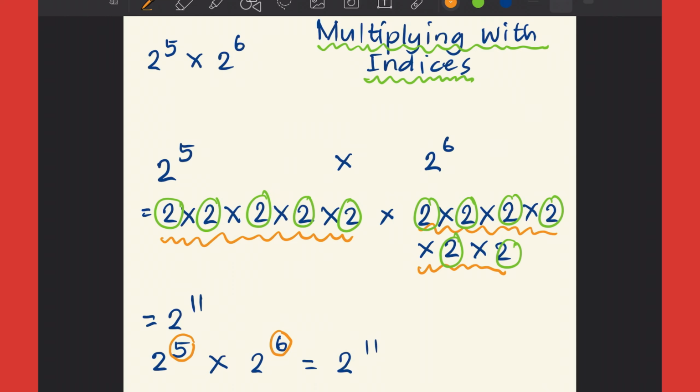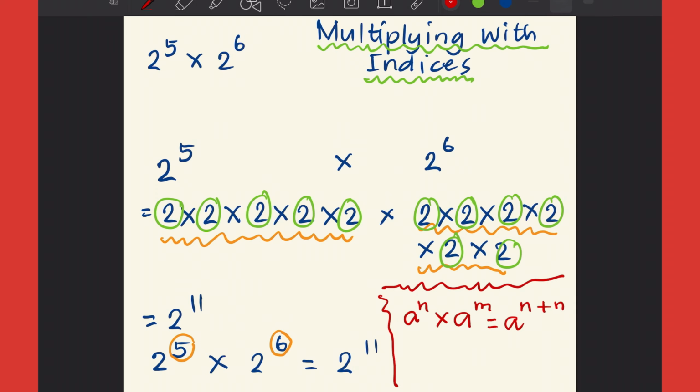Then we come up with the general rule that if we are multiplying with indices, a raised to the power of n times a raised to the power of m is equal to a raised to the power of n plus m.